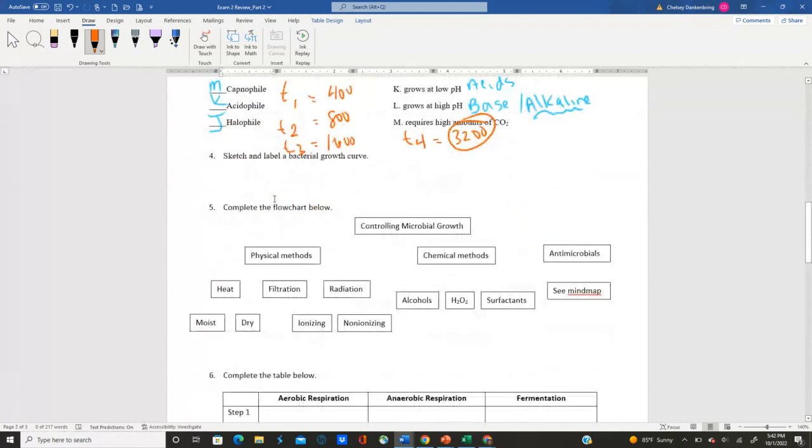All right, so real quick, go ahead, sketch a bacterial growth curve and label the 4 phases. I'm gonna start.